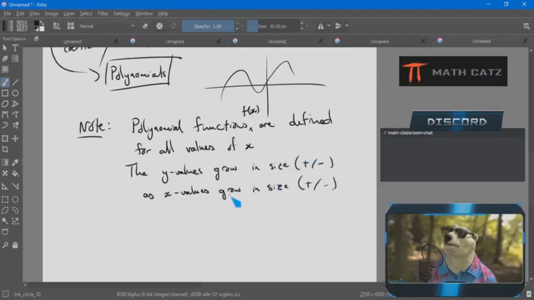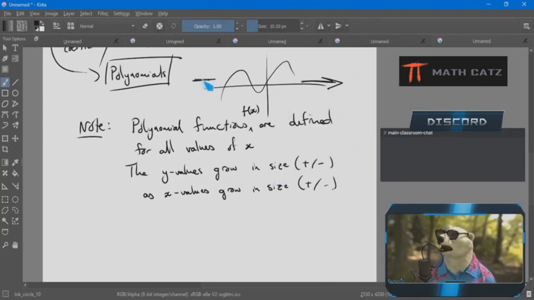If the x value grows in the positive direction, of course, then I'm going to the right. Then the graph is always going to go either down or up forever. It's never going to stop. So the size of the y value, the absolute value of the y value, is going to grow. It's just a question of, is it going to be negative or positive?